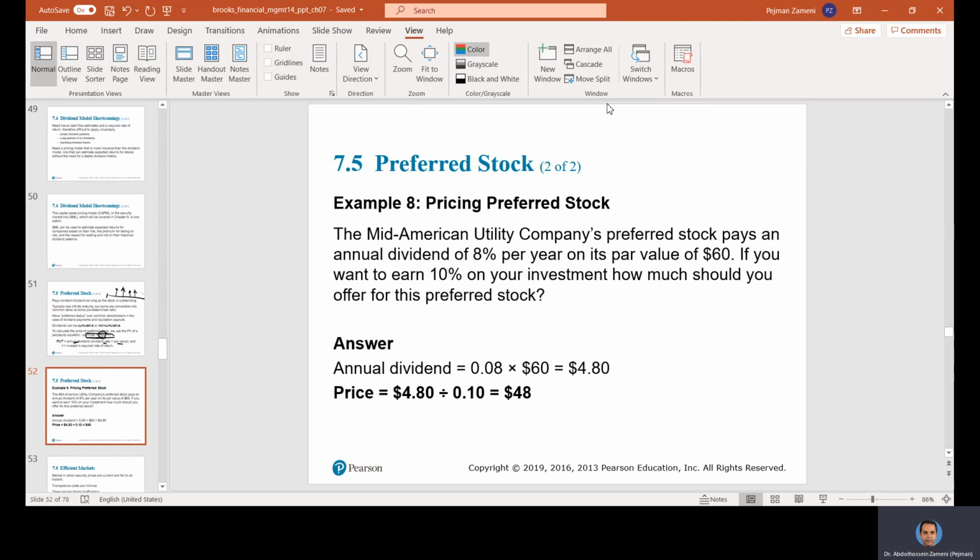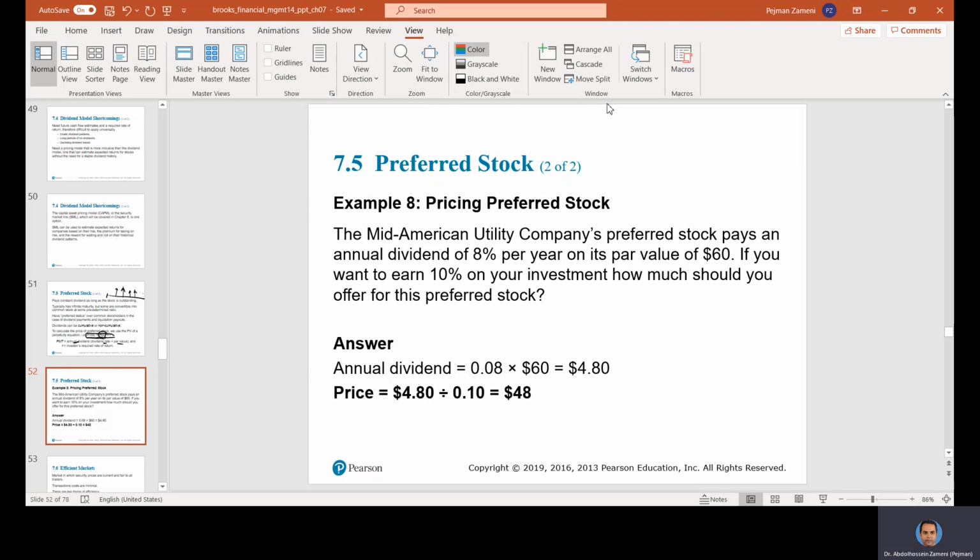The Mid-American utility company's preferred stock pays an annual dividend of 8% per year on its par value of $60. If you want to earn 10% on your investment, how much should you offer for this preferred stock? We need to find the dividend first, which is 0.08 multiplied by the par value of 60, which is 4.80, divided by the required rate of return, which is 10%. Then the price of the preferred stock would be $48.